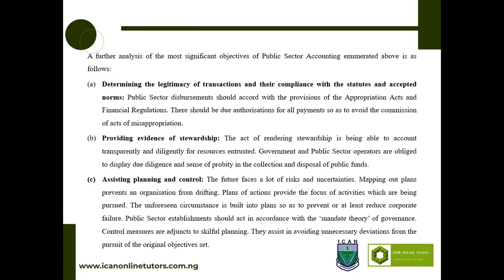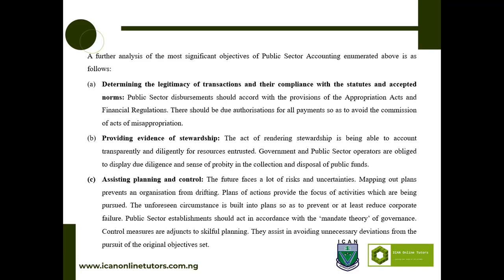Further analysis of the most significant objectives of public sector accounting. Other objectives include the following, and some of these have been mentioned in the general objectives that we explained earlier. We have determining the legitimacy of transactions and their compliance with the statutes, that is, the law.